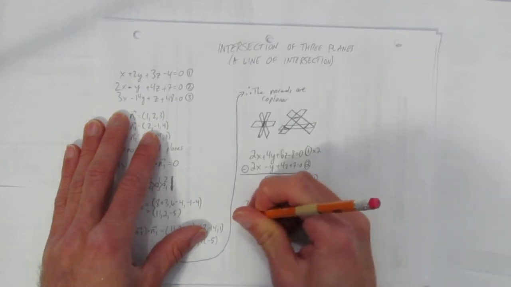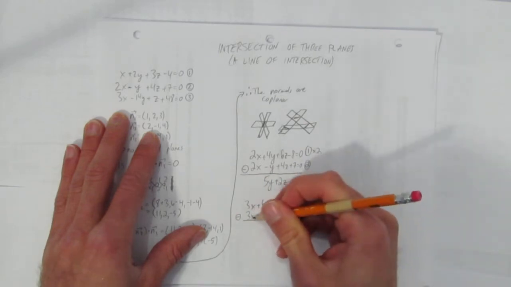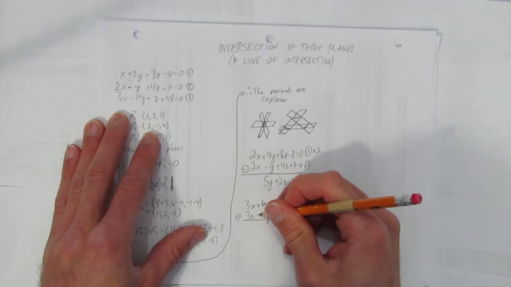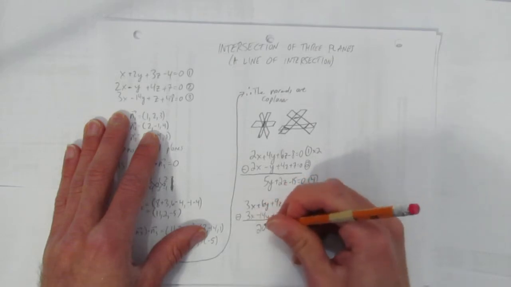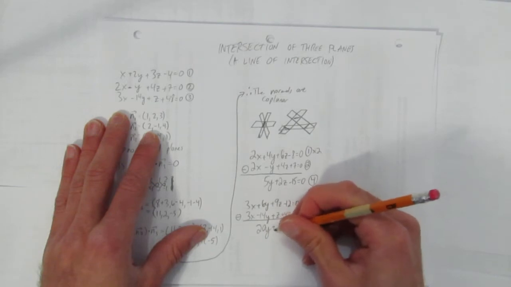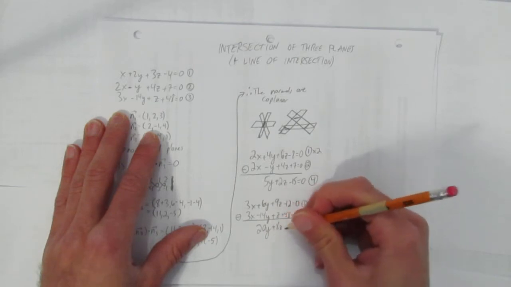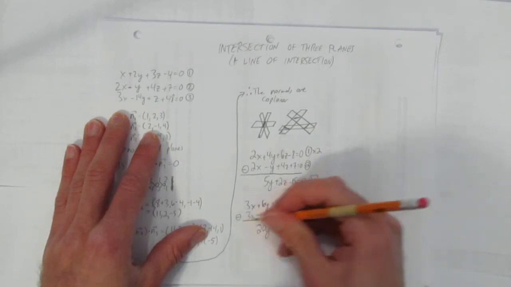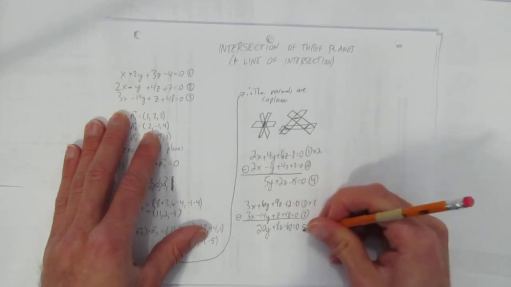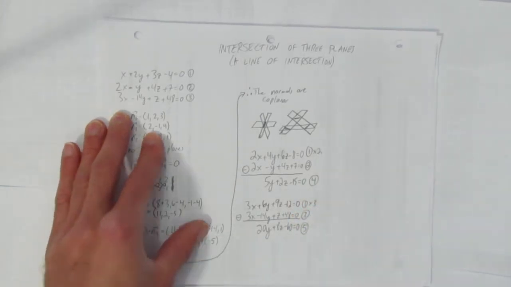Okay, subtract everything. 3x take away 3x is 0 like I wanted. 6 minus a minus is a plus, so 6 plus 14 is 20y. 9z minus z is plus 8z. Negative 12 minus 48, that's negative 60, equals 0. Let's call that equation 5.